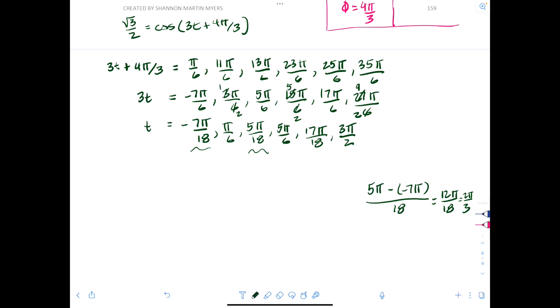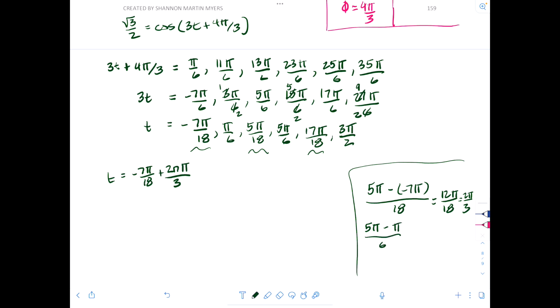So I'm going to try that. I'm going to say, okay, well, t could equal negative 7 pi over 18 plus 2 n pi over 3. And what'll happen is you'll get all of these that have the 18 as the denominator. Cool, cool? All right, what about the next, right? 5 pi minus 1 pi all over 6 is 4 pi over 6, which is again 2 pi over 3.